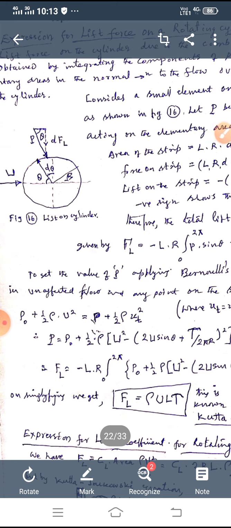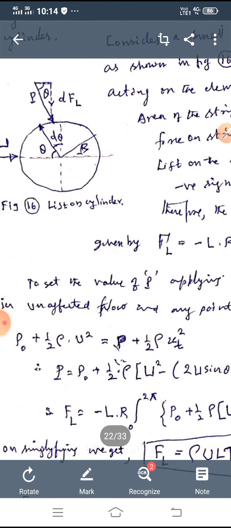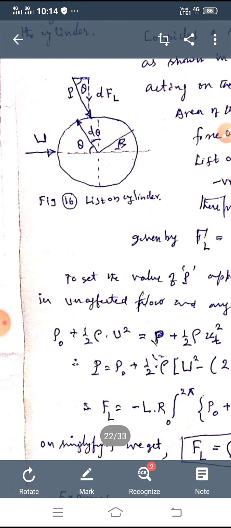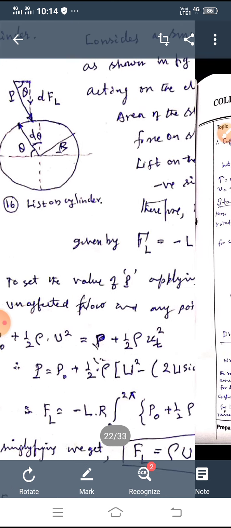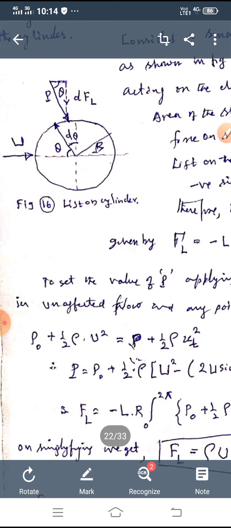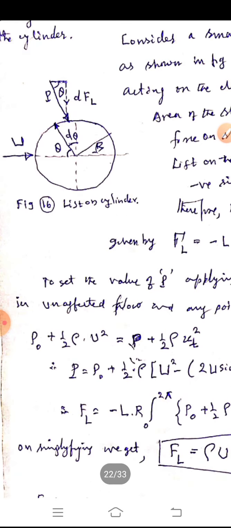To get the value of P, that is pressure, what are we required to do? We have to apply Bernoulli's equation between two points. One point is considered in an unaffected flow, and another point on the surface of the cylinder. Then we can write the equation P naught plus half rho u squared is equal to P plus half rho ut squared, where ut is the summation of the two velocities, as we have seen before.